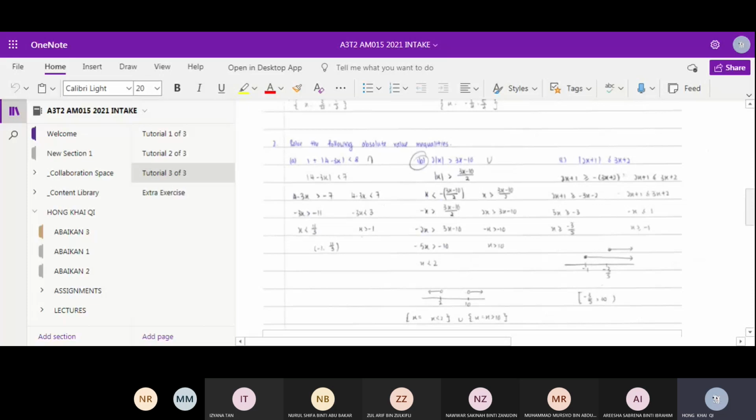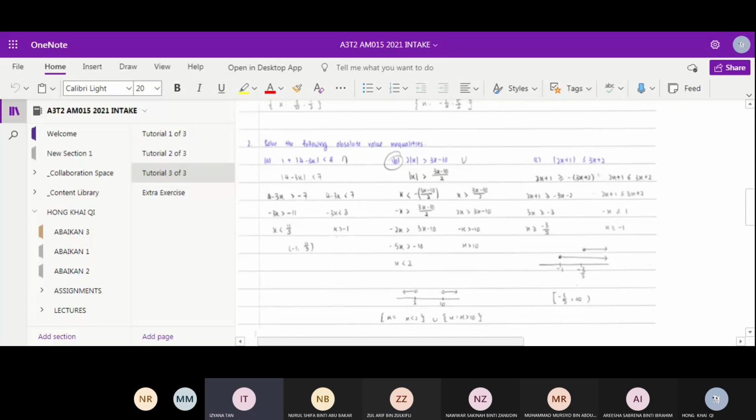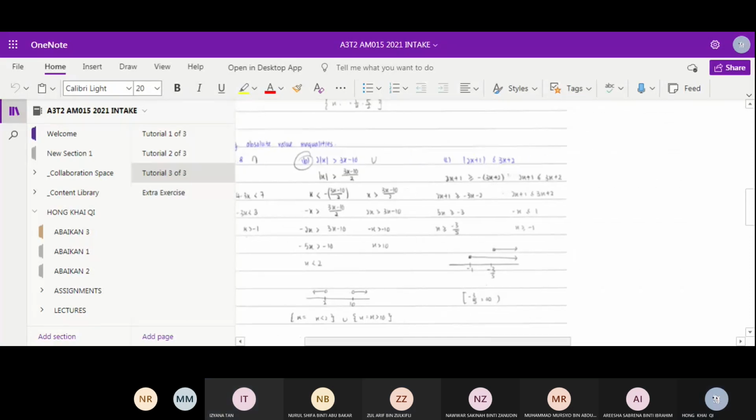You see the circle here. Stuck eh? Explain C. C? Nak tanya. C.